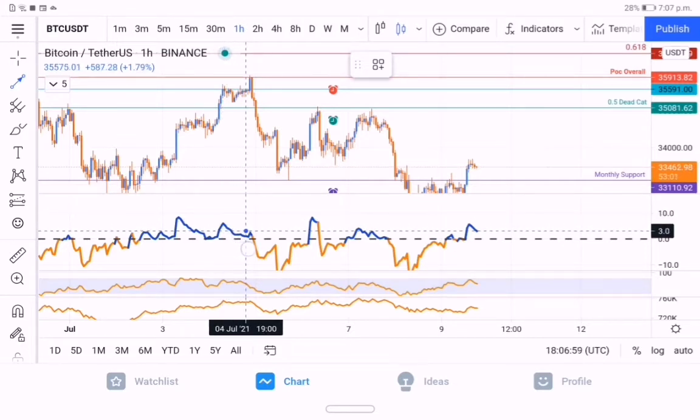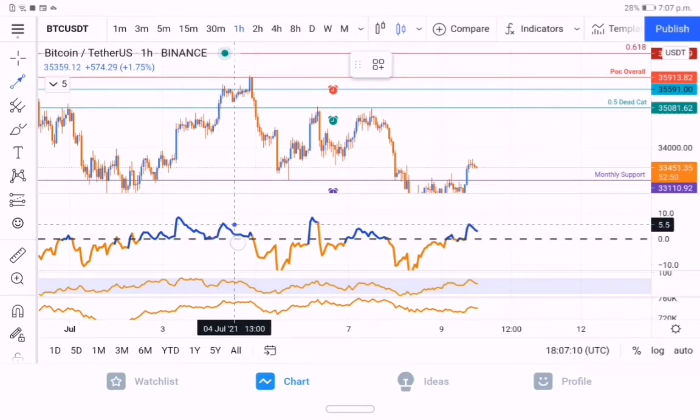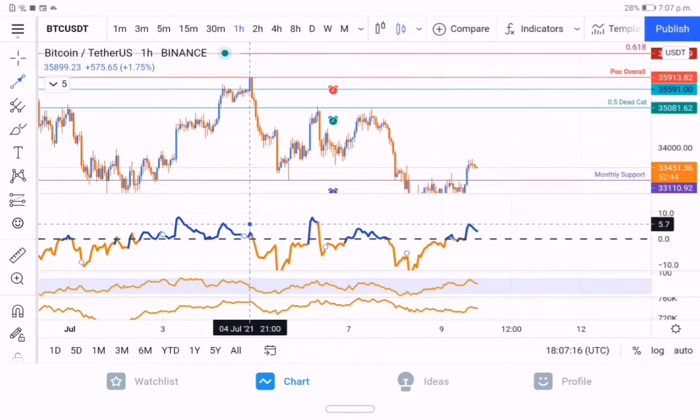So as you can see, we got another little peak here, right? But it was tiny in comparison to the first one, and so there's just this big divergence happening, and it's a great signal. And also it hit the POC overall, which is the point of control, which I can go into in a future video.